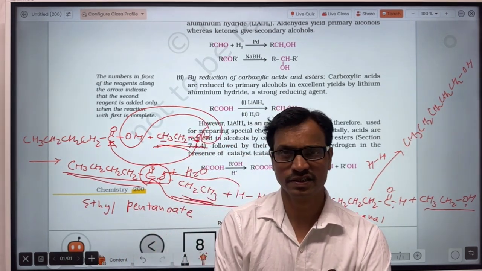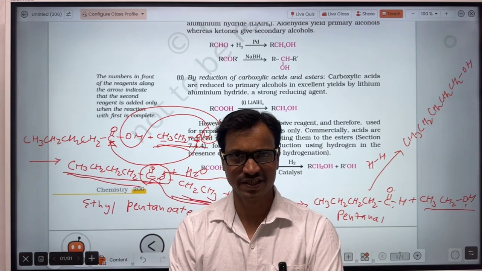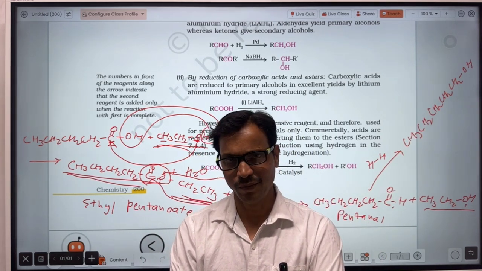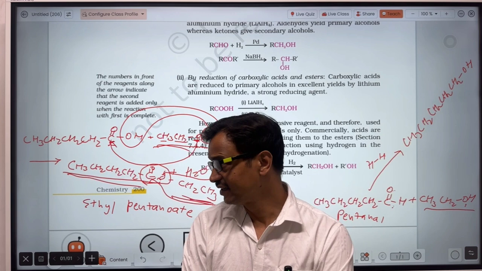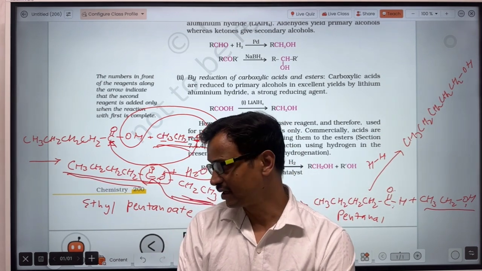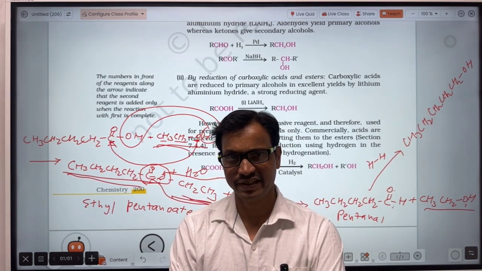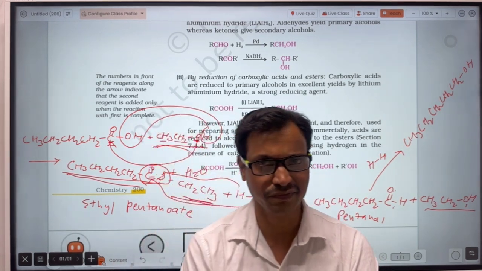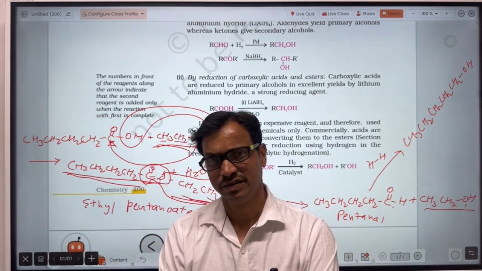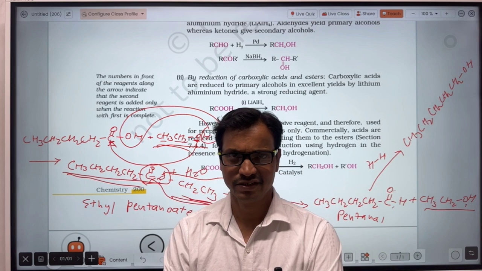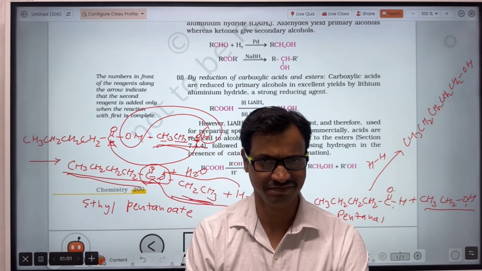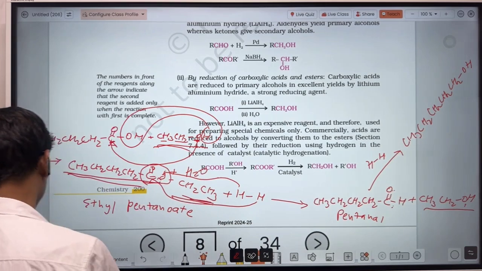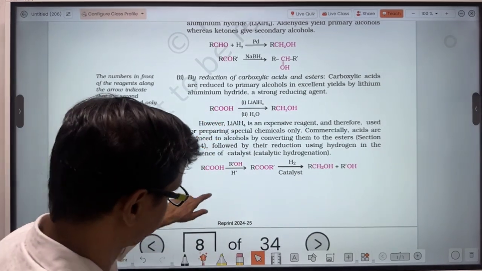As you have taken the carboxylic acid of 5 carbon, the alcohol formed will be of 5 carbon, and to convert the pentanoic acid you have taken ethanol, so ethanol has been regenerated. So the alcohol which you have taken will regenerate, and the carboxylic acid will convert into its corresponding alcohol. That was from the carbonyl compound.